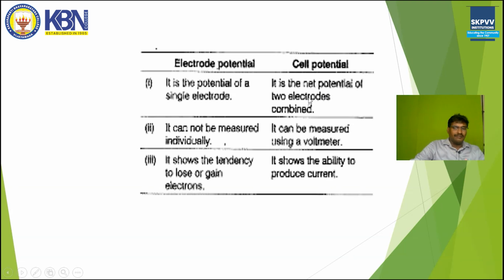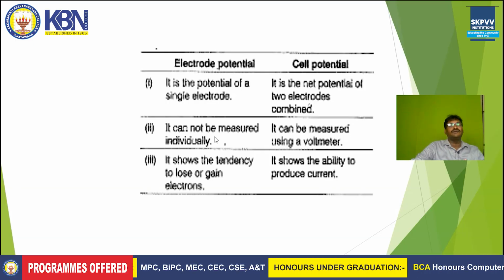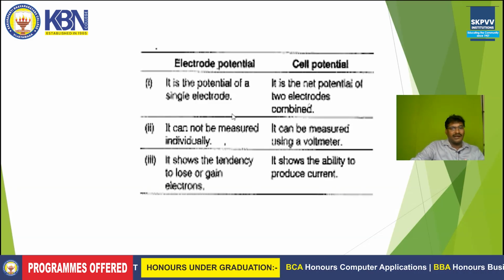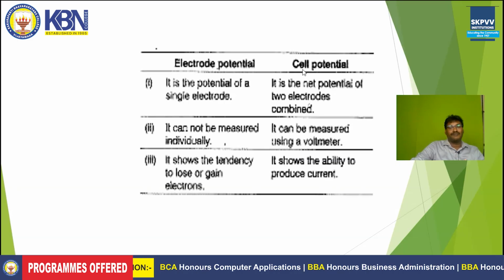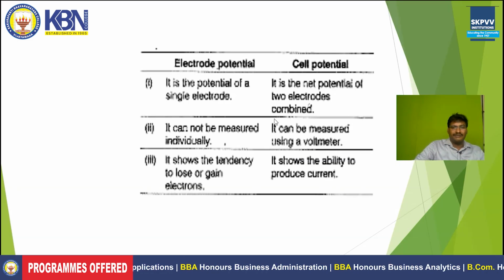Single electrode potential cannot be measured individually, that means it is measured by coupling with another electrode. It cannot be measured individually, but the cell potential can be measured by a voltmeter.